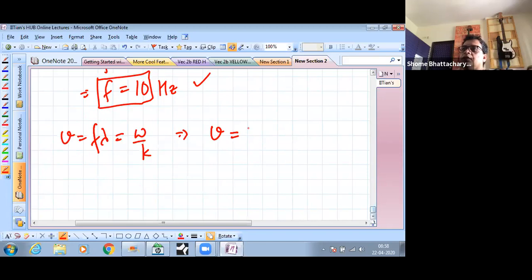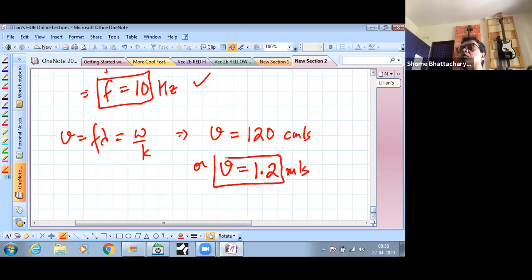So it becomes 120 centimeters per second, or in SI unit it becomes 1.2 meters per second. So the unit thing is equally important over here. Just minimize this a little bit for you to understand fully.